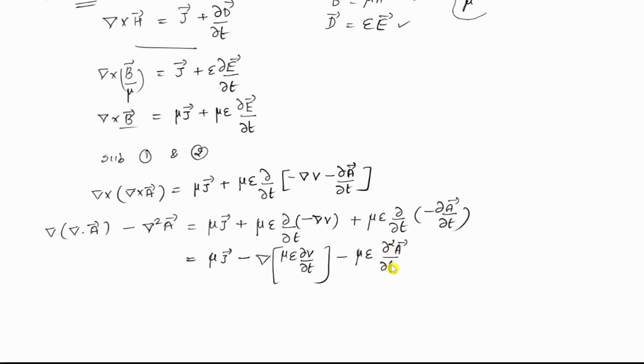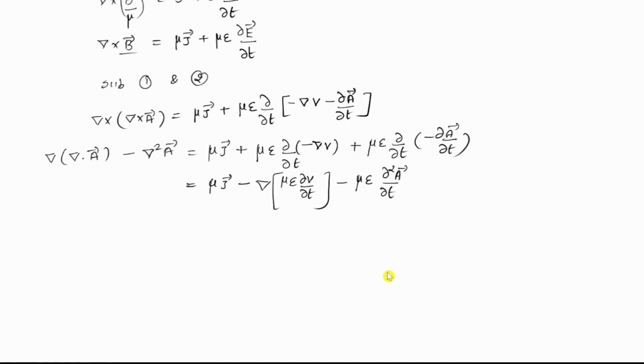So in this equation, rearrange all the square terms, that is all the second order power terms, to the left side and the remaining terms to the right side. So if we bring every second order term to the left side, in this left side we keep the del square A term, and in the right side we have a second order term here, so we can bring it into the left side, that is mu epsilon dou square A by dou T square.